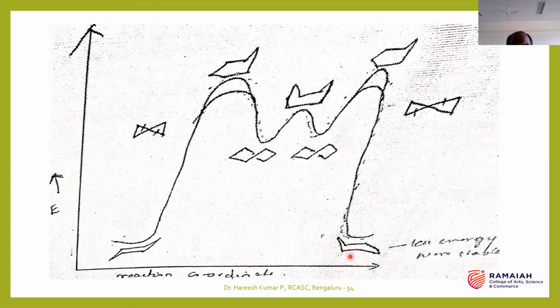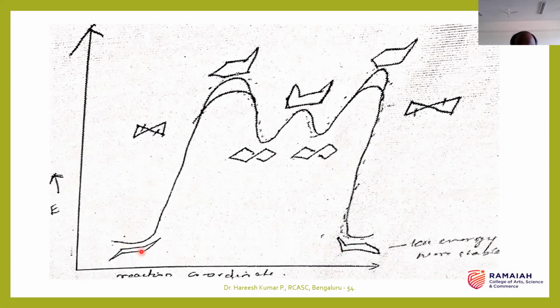I think you are aware of what is called C1 and 1C, isn't it? This may be C1 and this may be 1C. Okay, I think you are familiar with that. So these two are mirror images, and these two chair forms are stable.